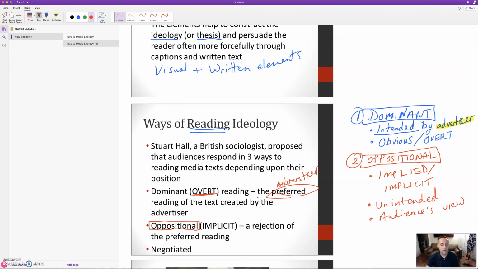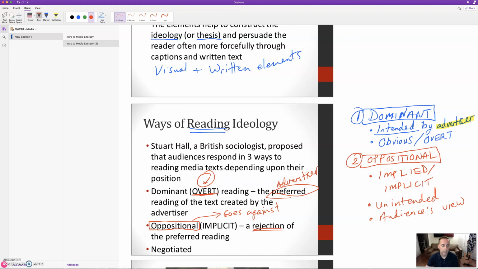Okay, so that's when you see the commercial, if you agree with the advertiser, then you can say, okay, I got the overt meaning. But oppositional involves a rejection of the preferred reading. So it opposes, it goes against. So we saw the ad for authentic Chinese cuisine in the previous videos.